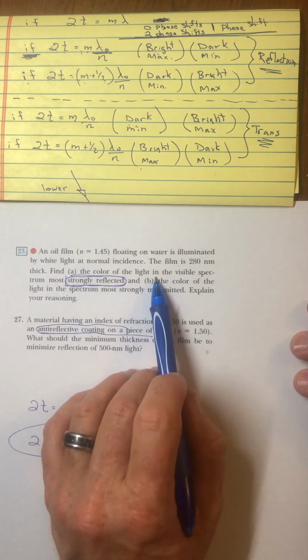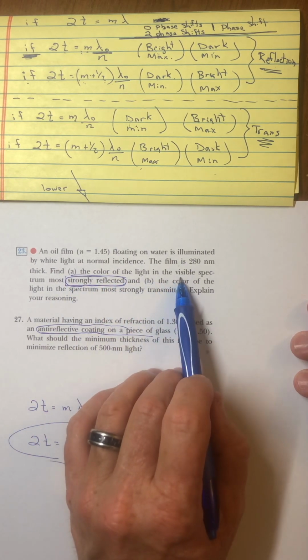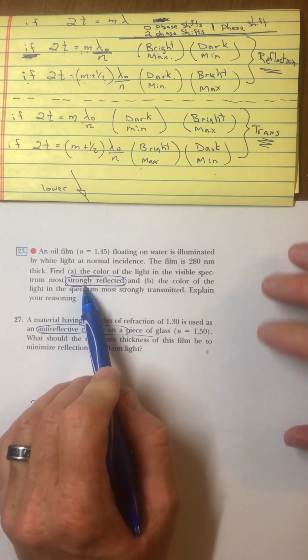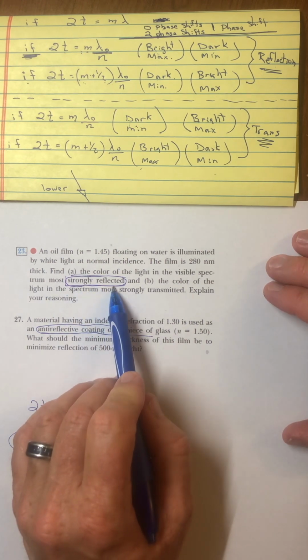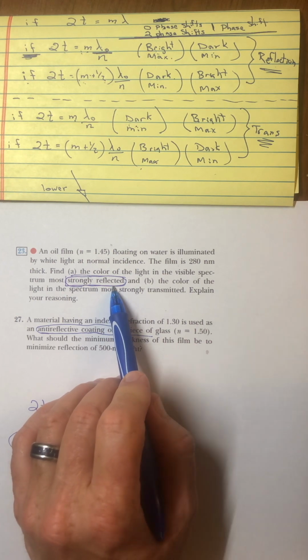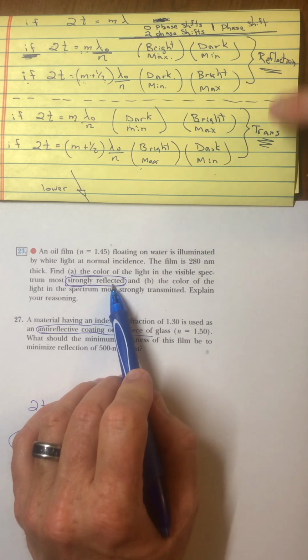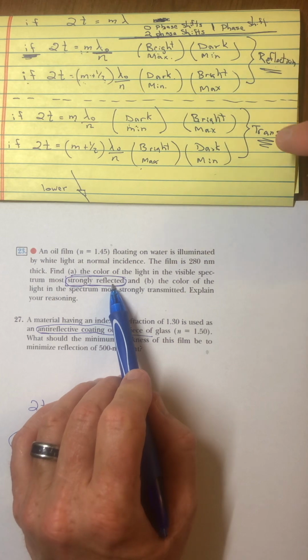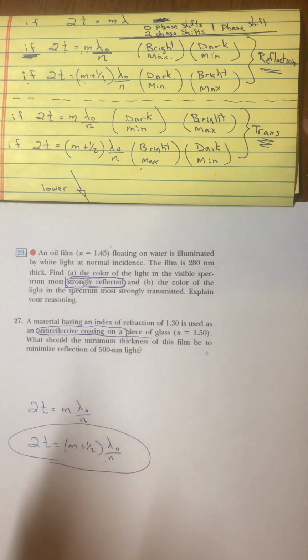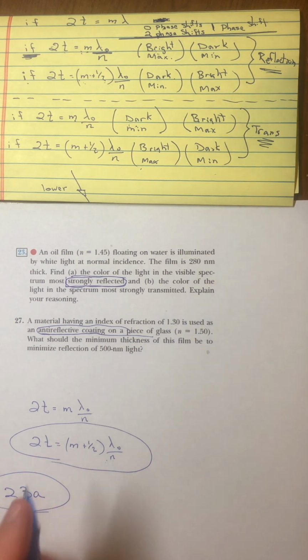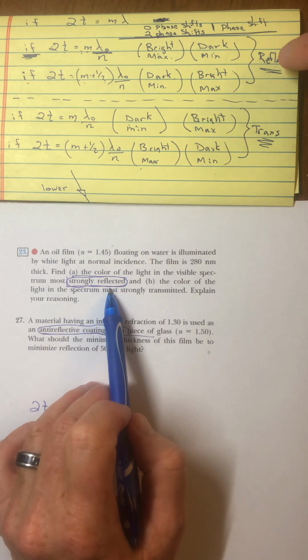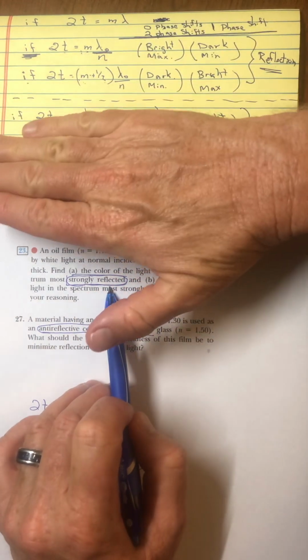The color of the light in the visible spectrum most strongly reflected. Okay, so first question. Are we looking at reflected light or transmitted light? Okay, let me just write here, 23A. So clearly, strongly reflected, we're in this category. Okay, so I'll ignore the bottom part of this table.